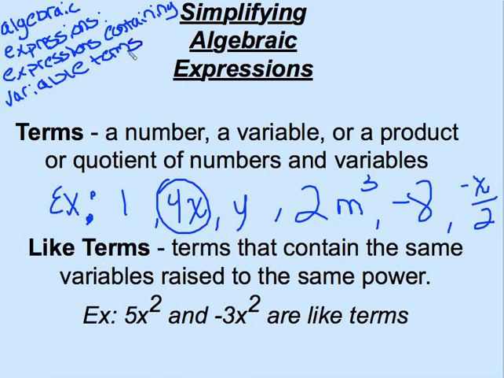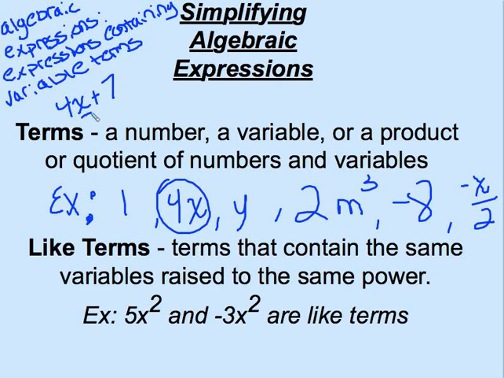So for example, 4x plus 7 is an algebraic expression. Once I have an equals sign and something on the other side of the equals, it's an actual equation. But an expression is just a statement, such as 4x plus 7. What makes it algebraic is the x. The statement 4 plus 7 is actually a numeric expression because it doesn't contain variables.